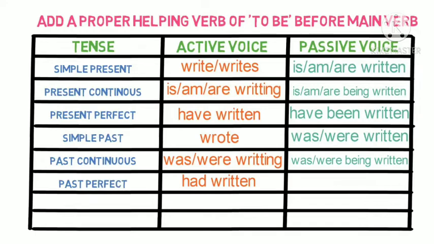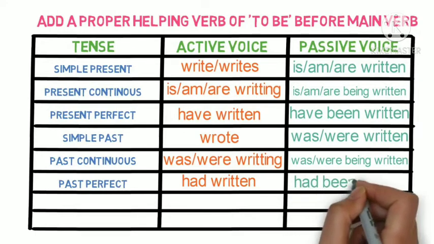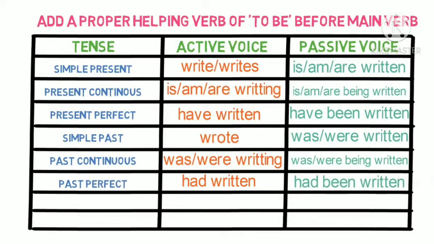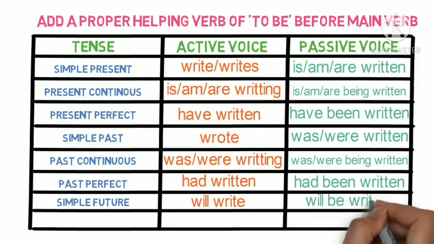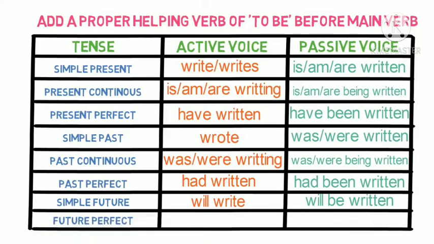In passive voice, it changes like this: had been written. So that is the change. Then in simple future, it's will write. It will change into will be written. In future perfect tense, its formula is will have written. It will change into will have been written in passive voice.